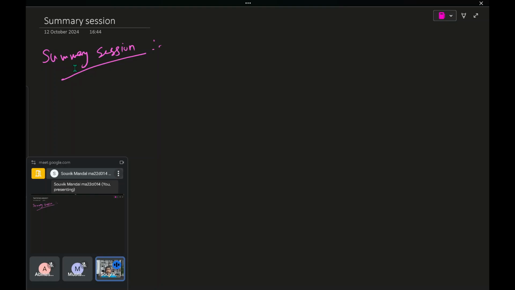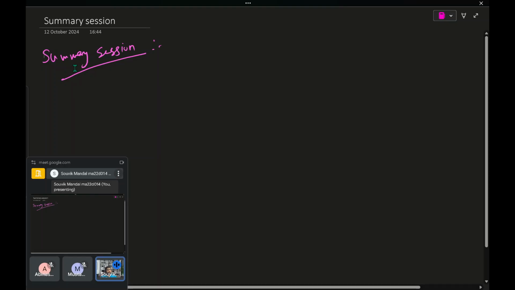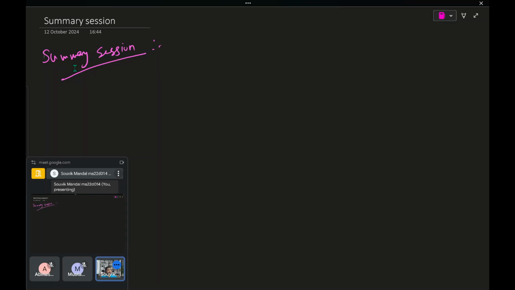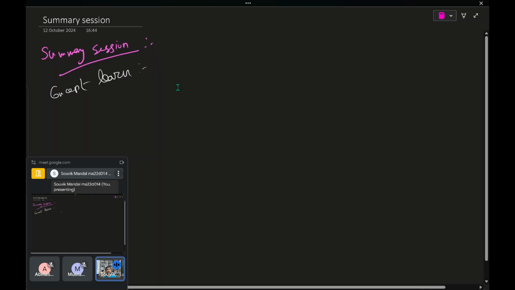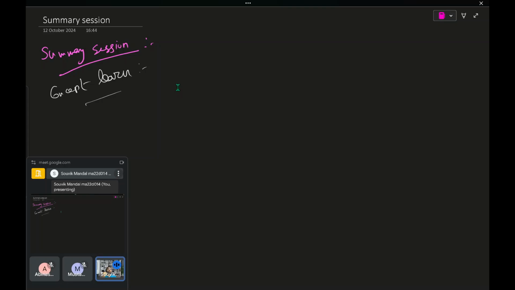Well, let's start today's session. What are the concepts learned till now? One thing you should notice is that there are many things we have learned, including some things that do not come from the topology portion.